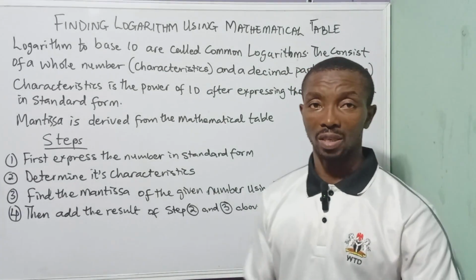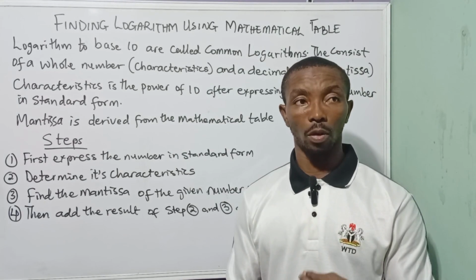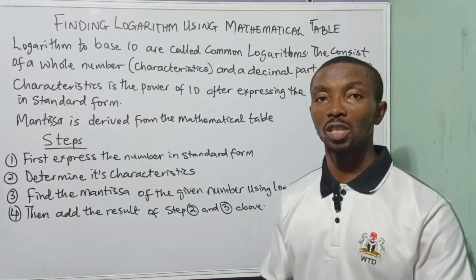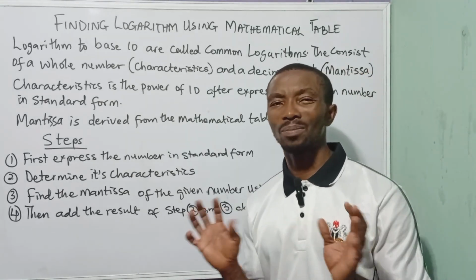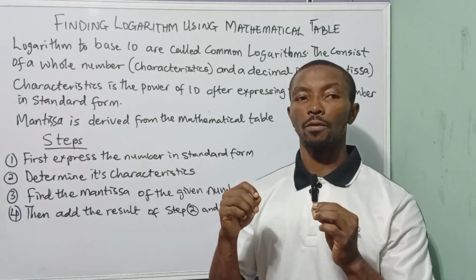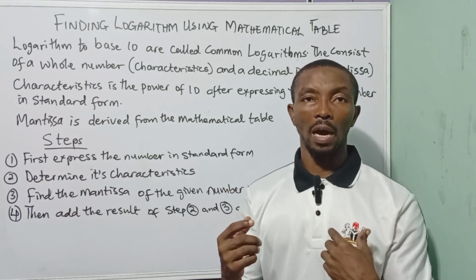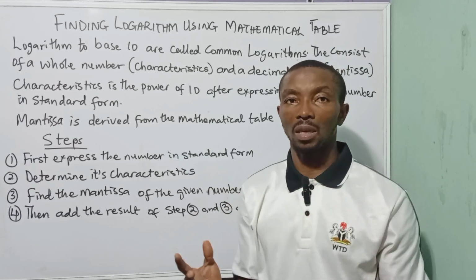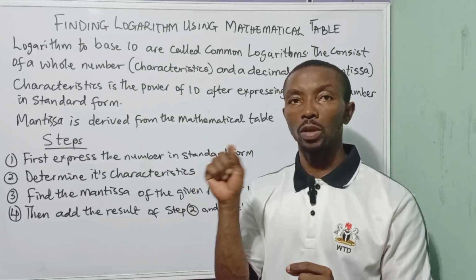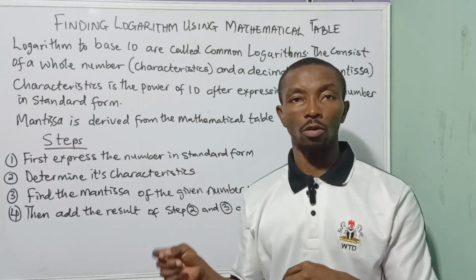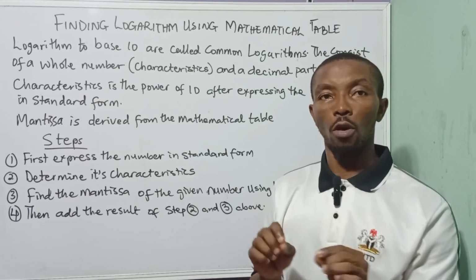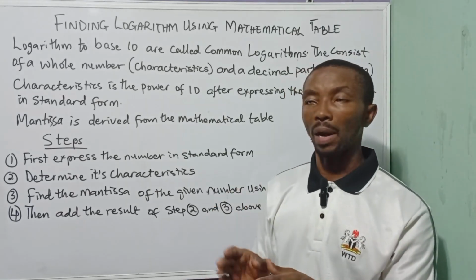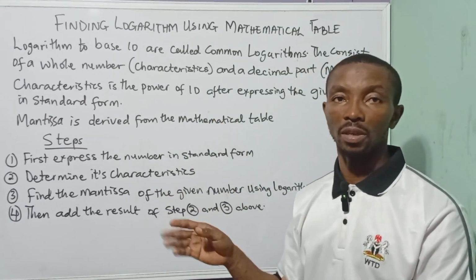Now, characteristics is the power of 10 to which the number is raised when put in standard form. That simply means that if you have a figure and you're expressing that number in standard form, the number to which it is raised by 10, or the number of times the decimal point is being moved to form a standard form, gives your characteristics.